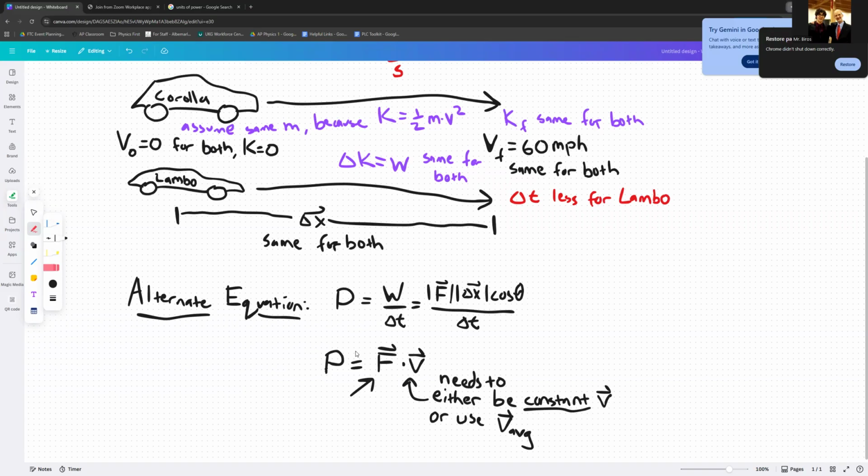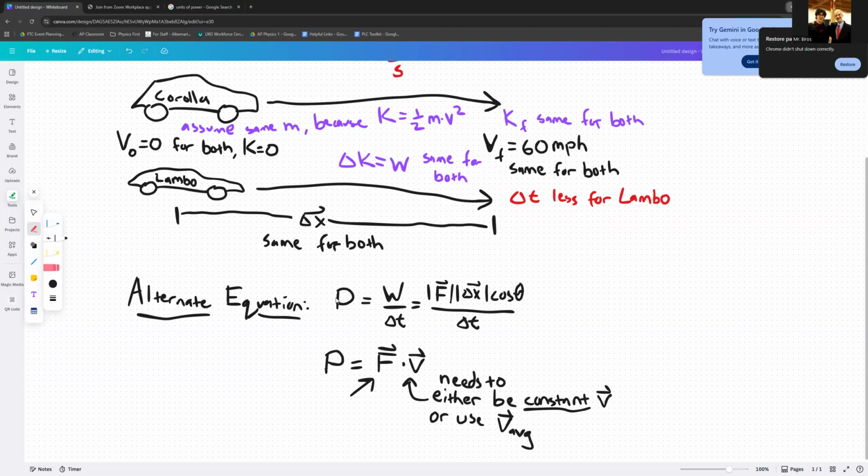So quick note here, with positive and negative, you can get negative. You could in theory get negative power, but we're probably not going to encounter situations where you're really going to have to work with negative power.